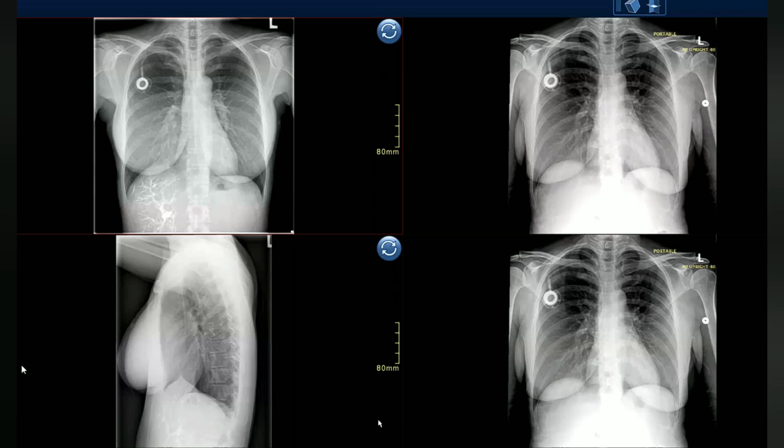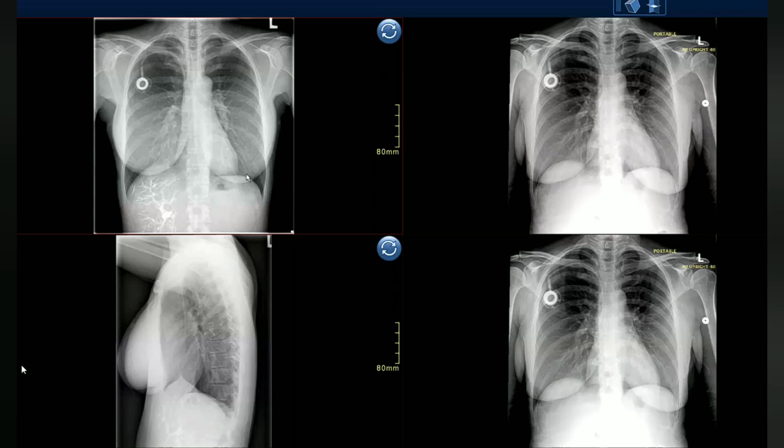Okay, in X-ray chest, the lung fields are hyperinflated, however they are clear. The trachea is central. The mediastinum is unremarkable. The hila are prominent bilaterally.